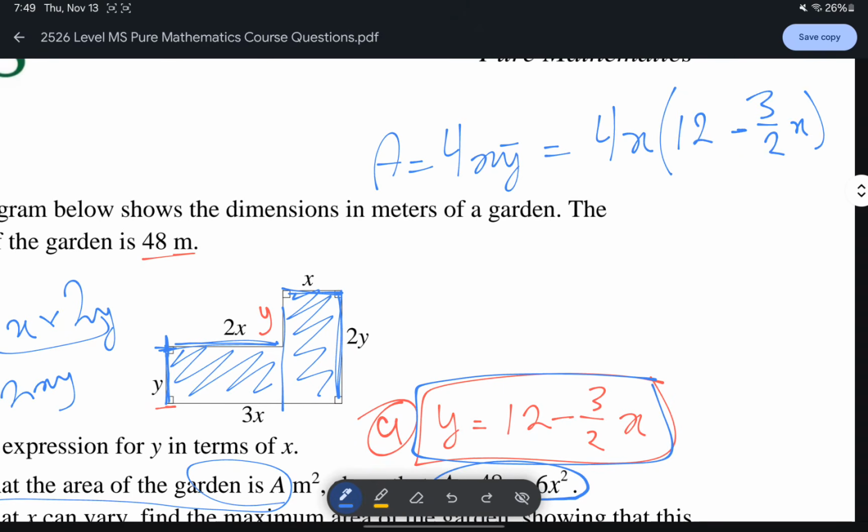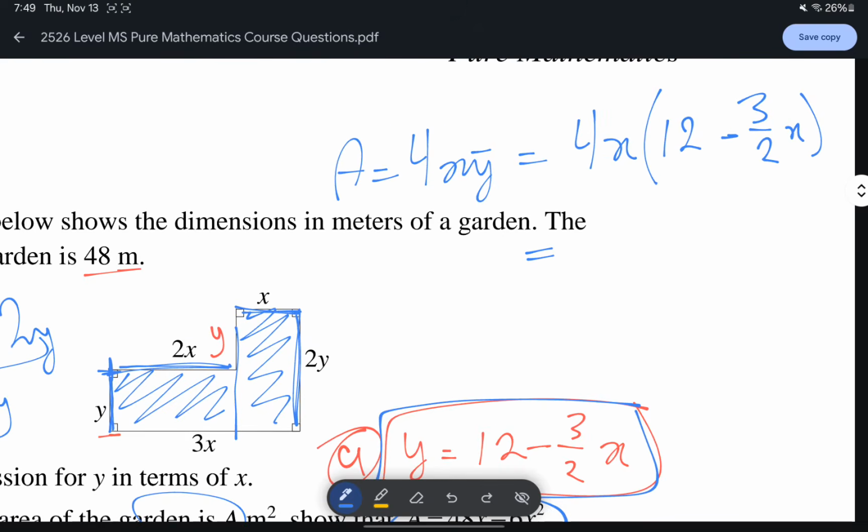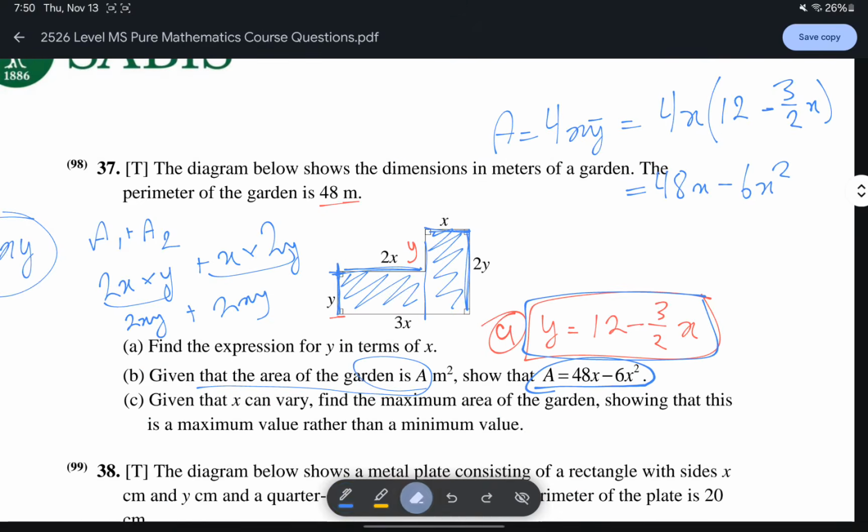Yeah, so now we can start simplifying more. We'll distribute the 4x, so 12 times 4 is 48x, minus now 3 over 2 times 4 is 6, so minus 6x squared. Okay, so you check, this is the same equation as this, so that means we got it correct.